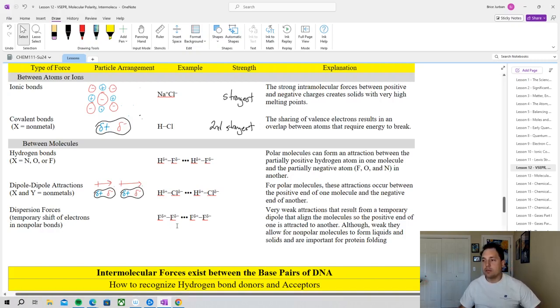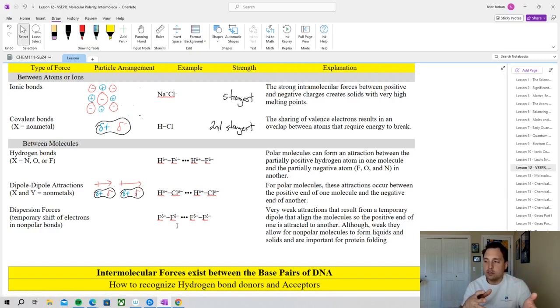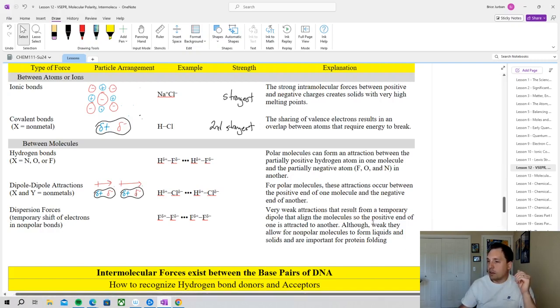And although this doesn't seem like this would happen that often, these small forces called dispersion forces will add up over time and result in some properties. I mentioned protein folding up above. I think I actually meant to say that here, because protein folding has these.